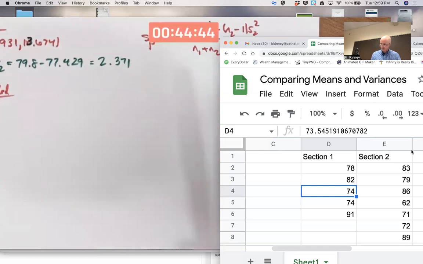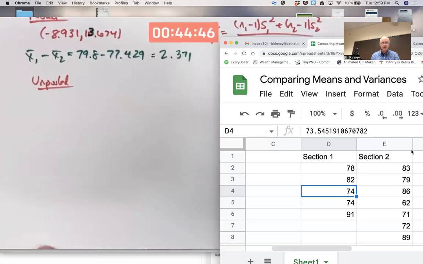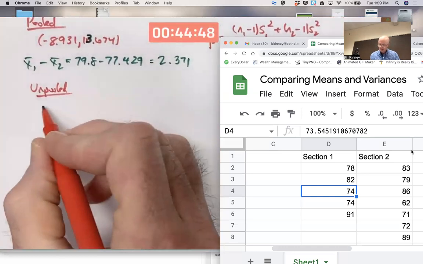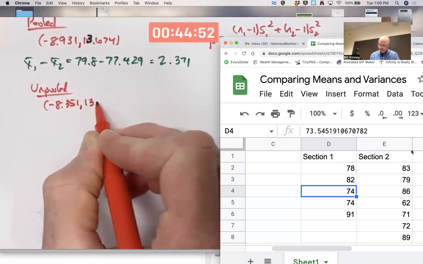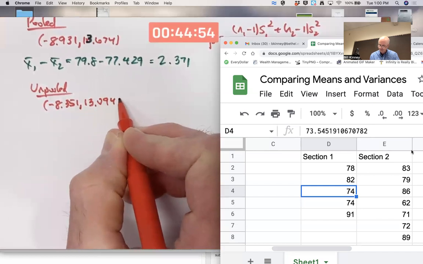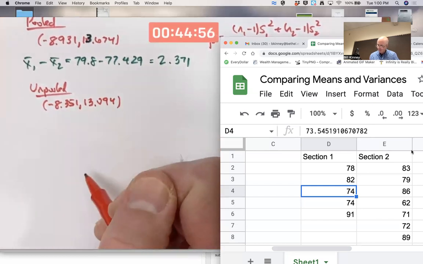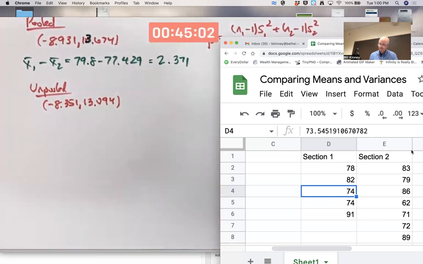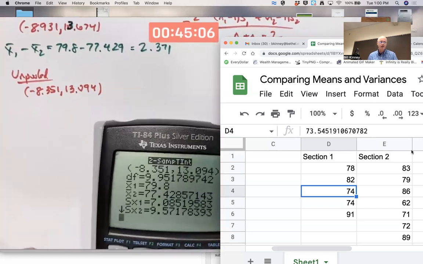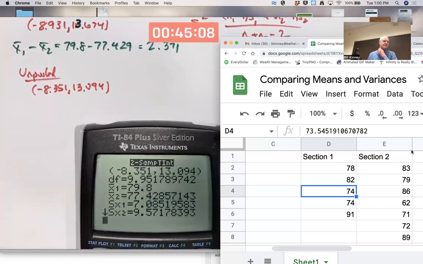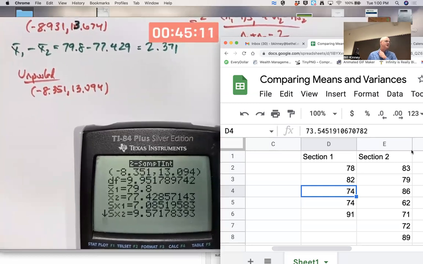Anyway, coming back to the unpooled, what was the answer? It was a little bit bigger interval, 8.351 to 13.094. Excuse me, a little smaller interval. Generally speaking, when you lower the degrees of freedom, it actually gives you a bigger interval.